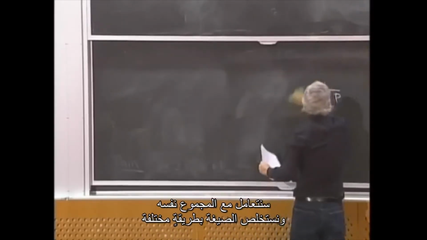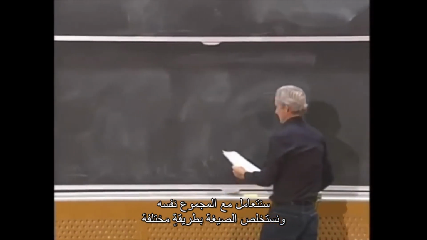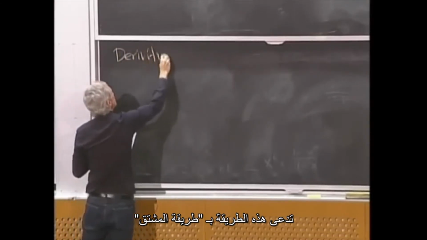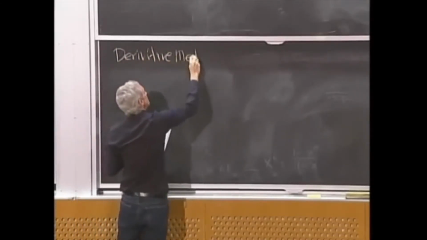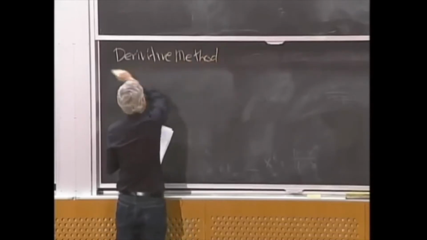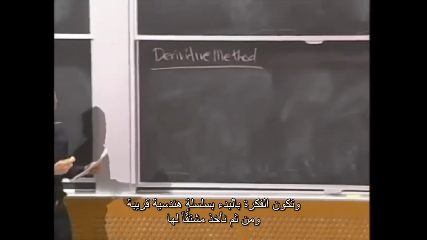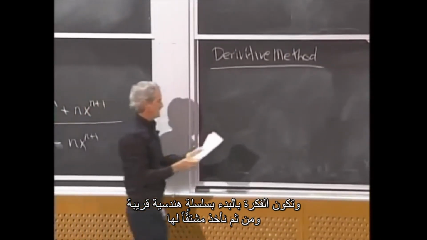So we're going to do the same sum and derive the formula a different way. This method is called the derivative method. And the idea is to start with the geometric series, which it's close to, and then take a derivative.